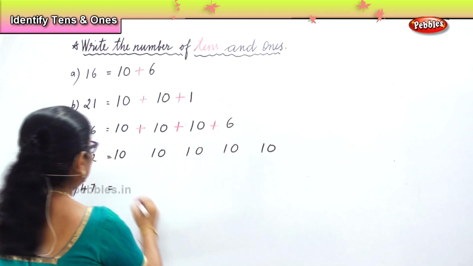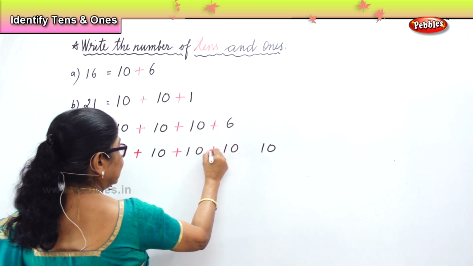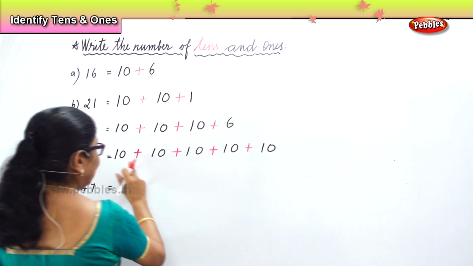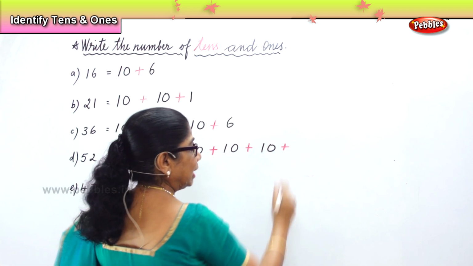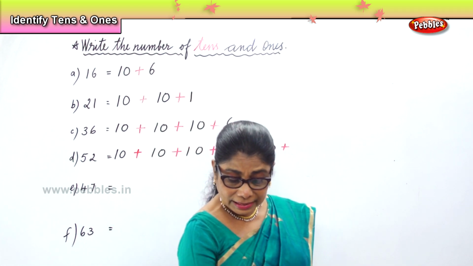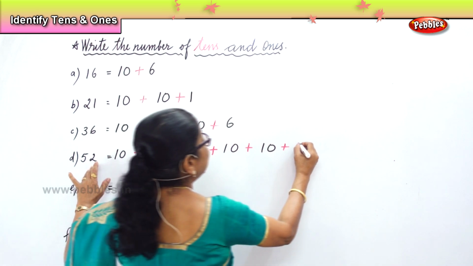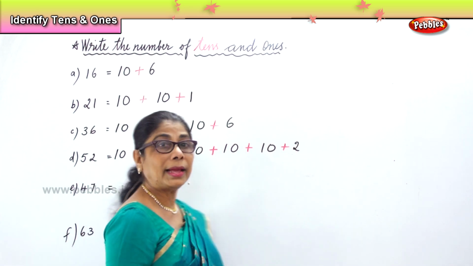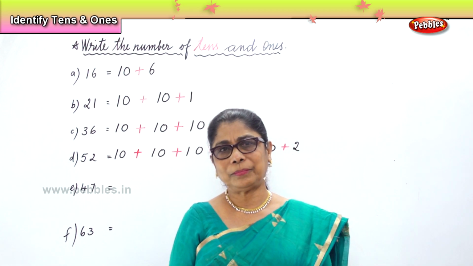Okay. So 10 plus 10 plus 10 plus 10, 1, 2, 3, 4, 5. 5 tens is 50. 50 plus 2, 52.